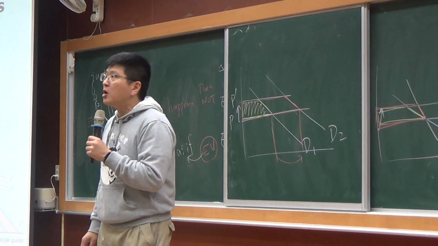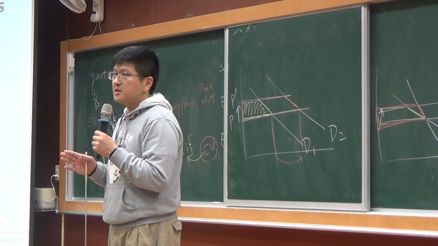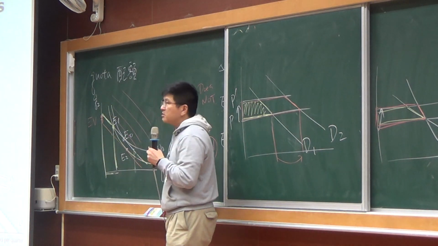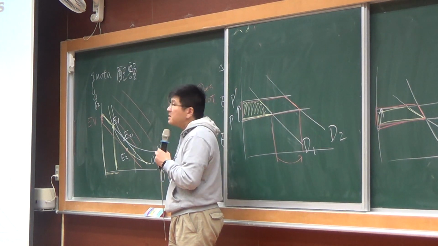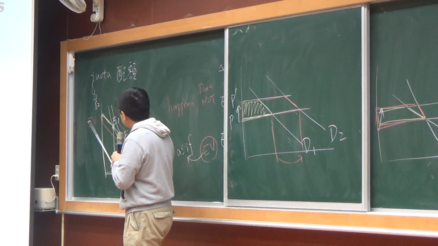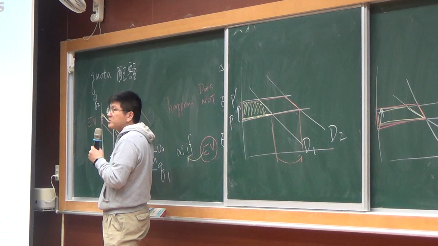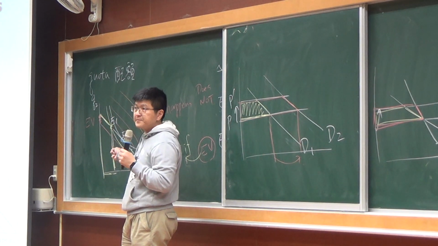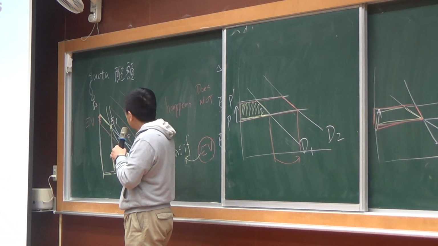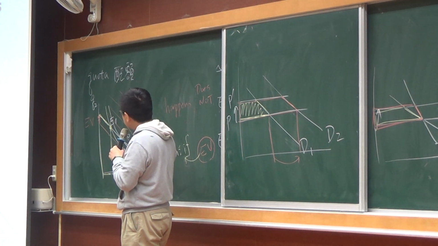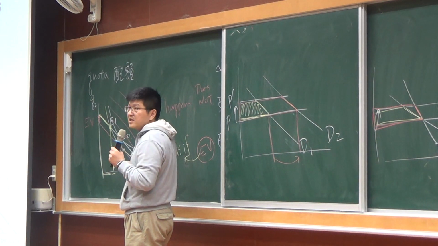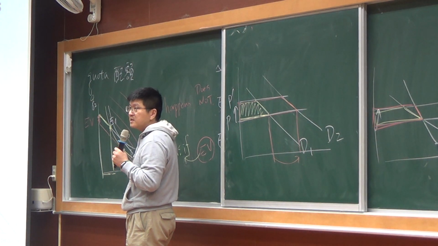So we may negotiate with the government. If we don't negotiate, allowing the government to implement the quota policy, then we will be at E1. And E1 is not good because E0 is better without any quota policy, right?